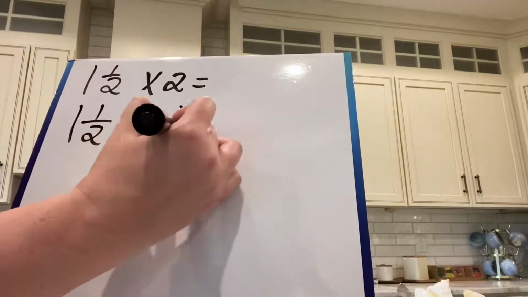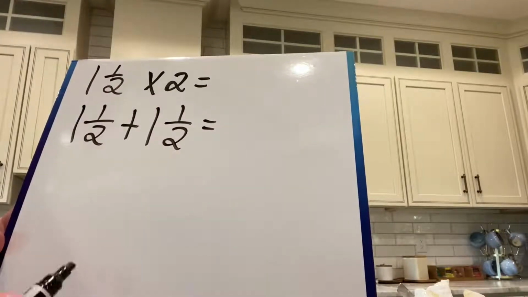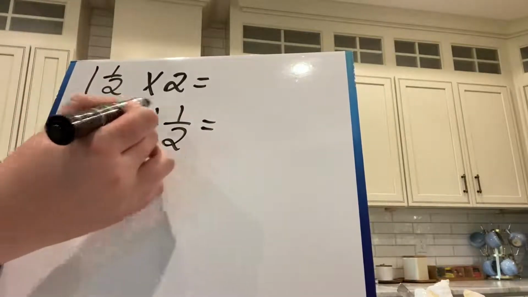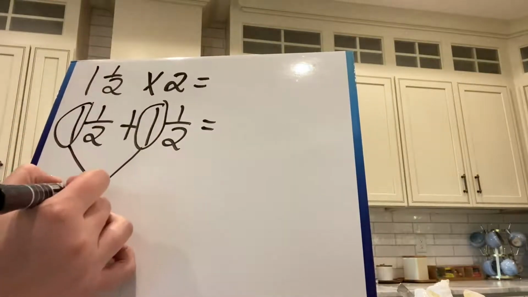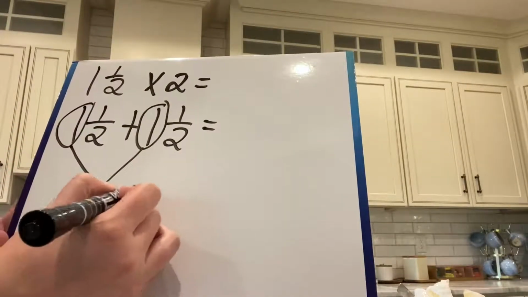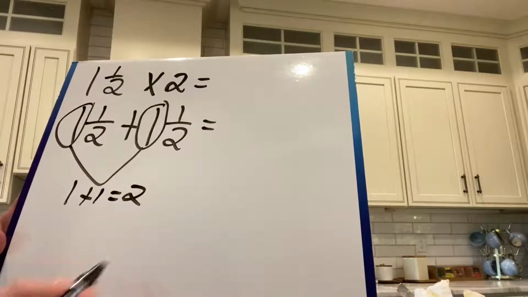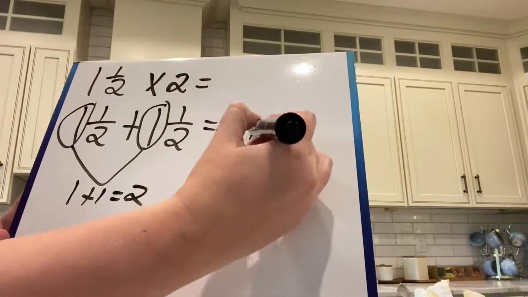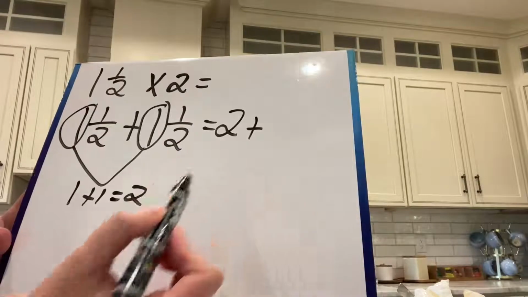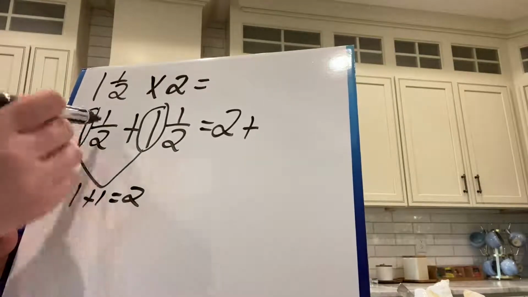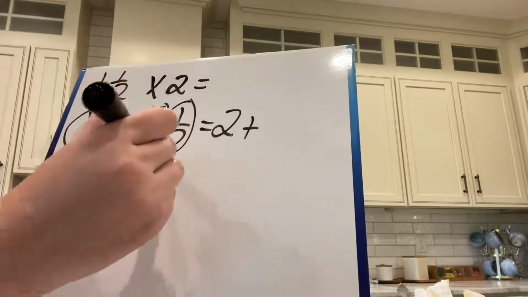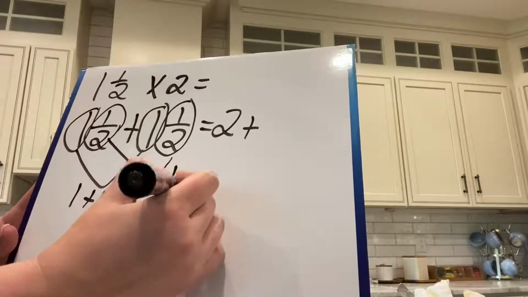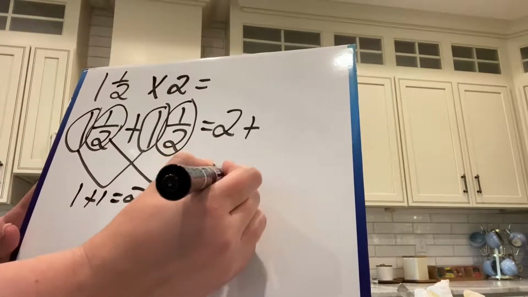1 1/2 plus 1 1/2. Here, I will start by adding my whole numbers. 1 plus 1 equals 2. Okay? So add that up here. I'm going to put a plus sign because I'm not done with my numbers yet. After that, I'm going to add my unit fractions. 1/2 plus 1/2.